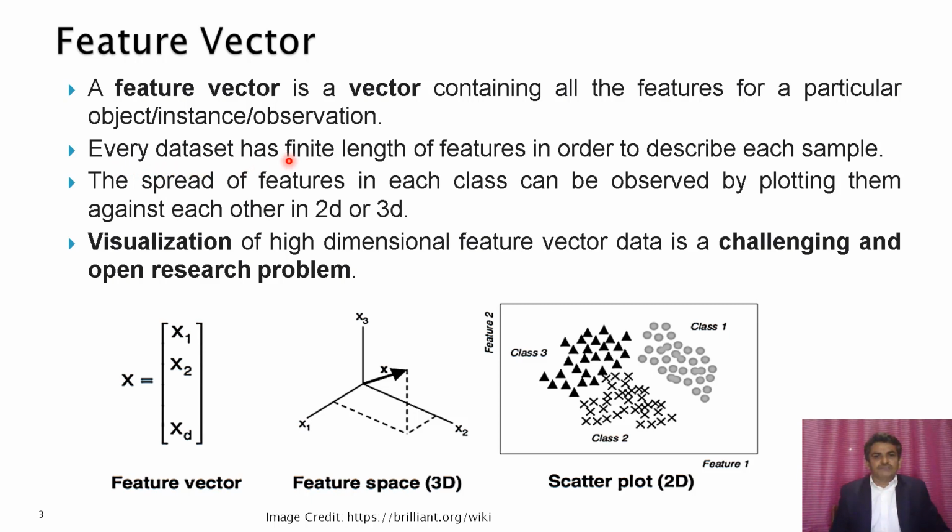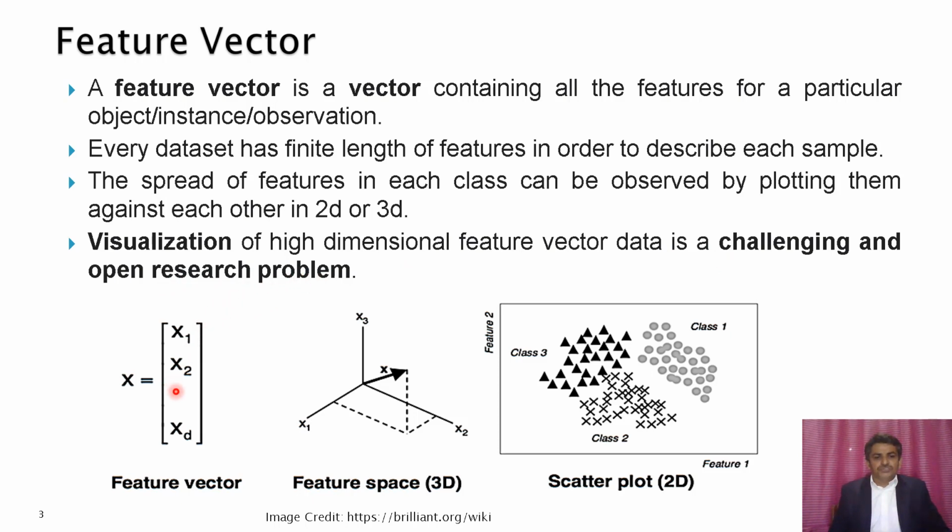Every dataset has a finite number of features in order to describe each sample. The spread of each feature in each class can be observed by plotting them against each other in 2D or 3D dimension. Visualization of high-dimensional feature vector data is a challenging and open research problem.